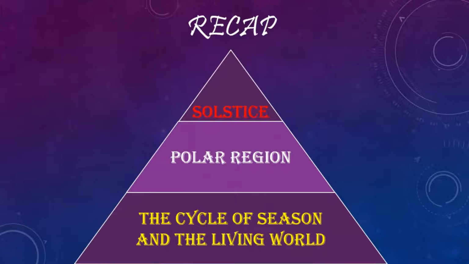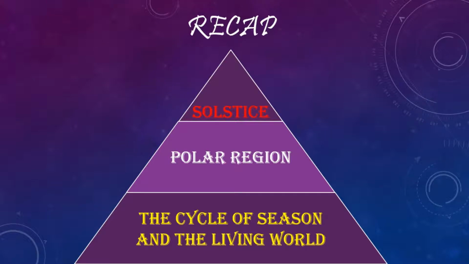Students, now let us have a quick recap of what we discussed today. Firstly, we saw what is solstice. On 21st June, the sun rays become perpendicular on the Tropic of Cancer, also known as summer solstice.